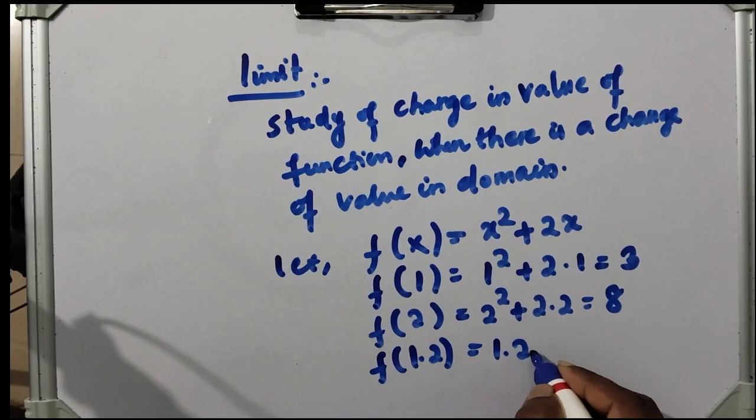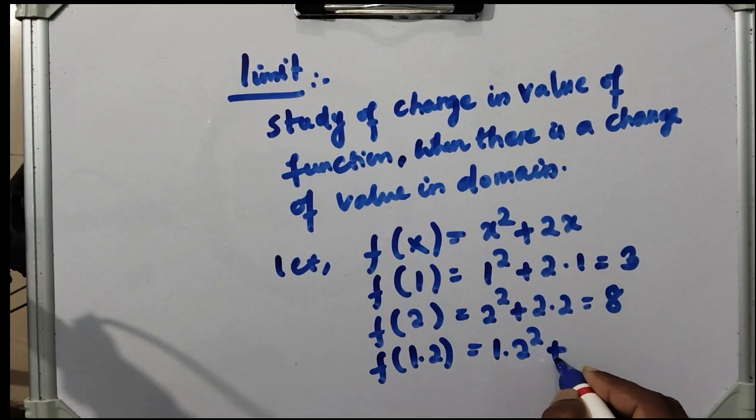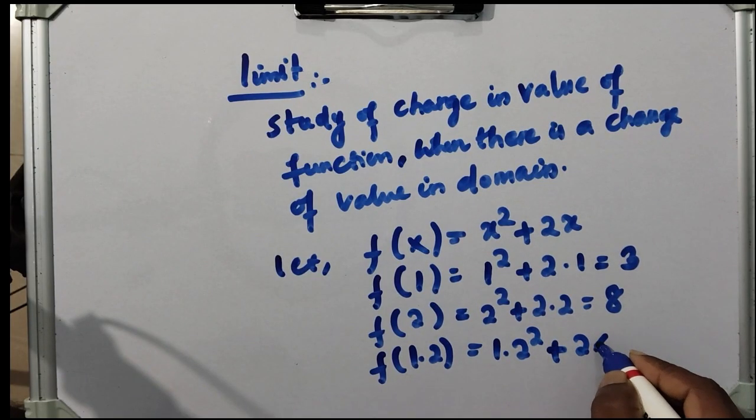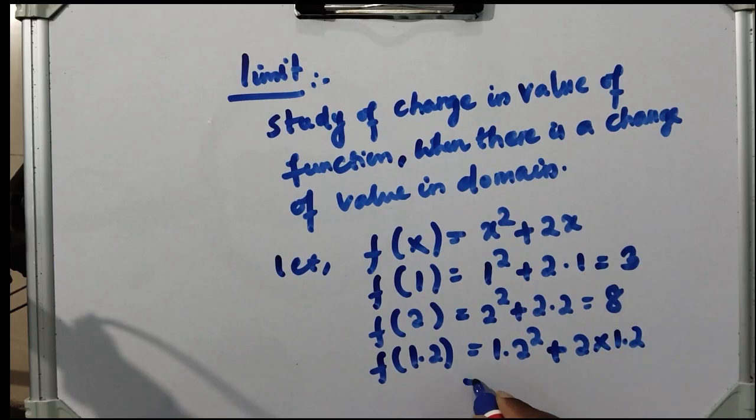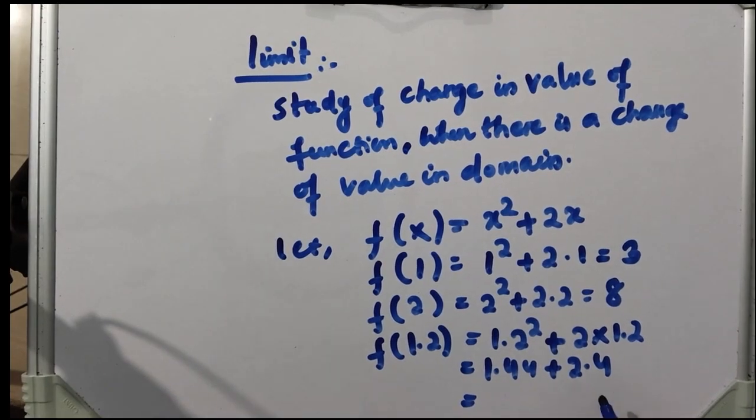It is 1.2 square plus 2 into 1.2, that will become 1.44 plus 2.4, which is 3.84.